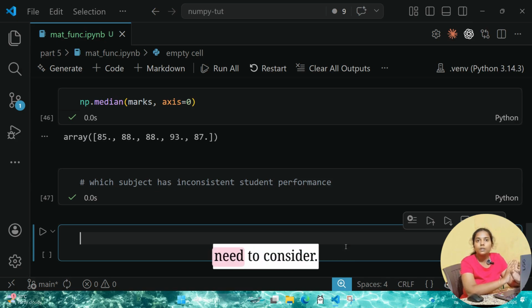We don't need to consider it here. Okay, this is a good performance one. Second thing, look, some people score 20, some people score 90. Here you get a higher standard deviation, that we need to see. There is a performance issue over there. We have to look.